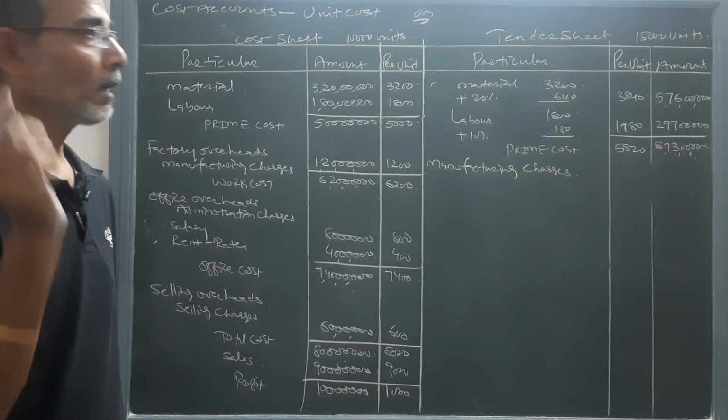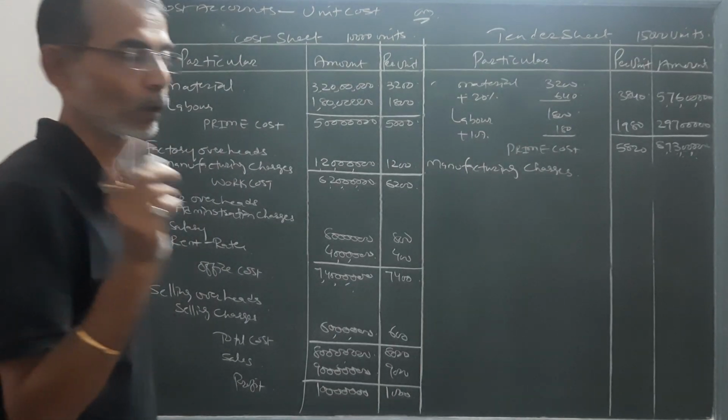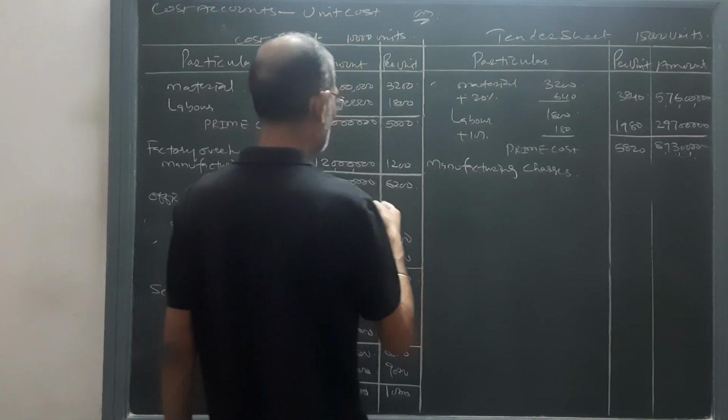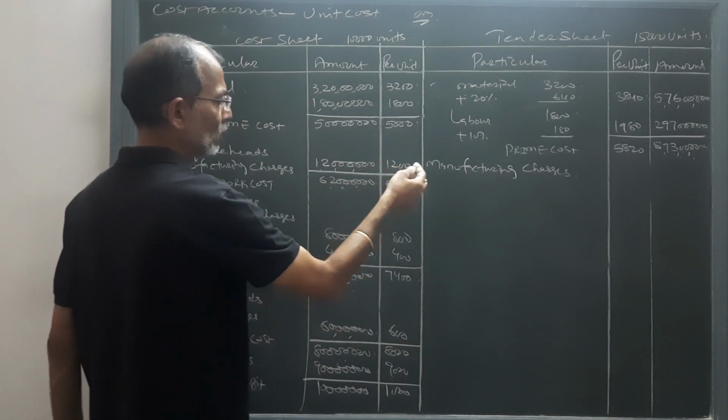Then after, manufacturing charges are to be increased in proportion to the combined cost of labor and material. So on 5,000 it was 1,200.